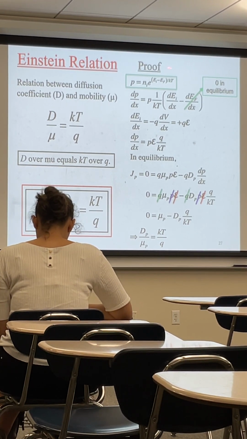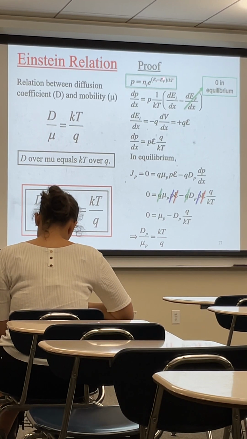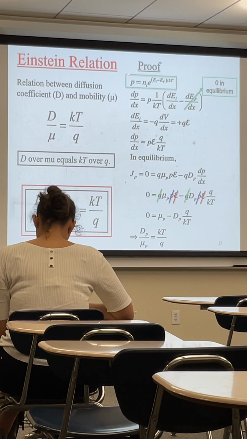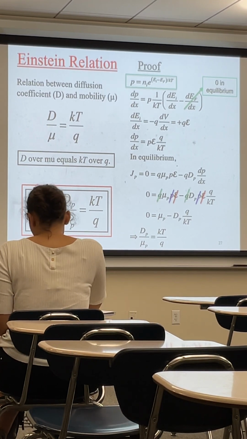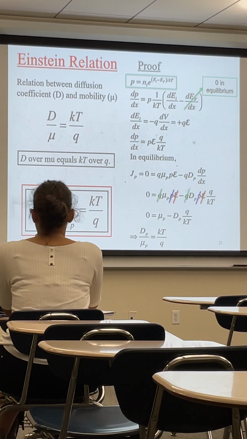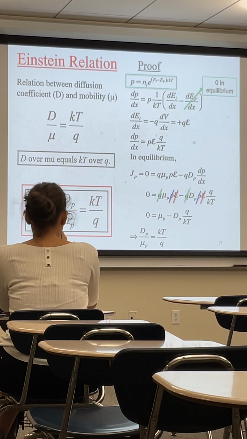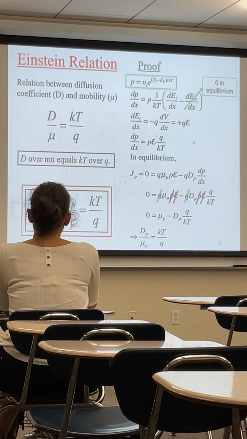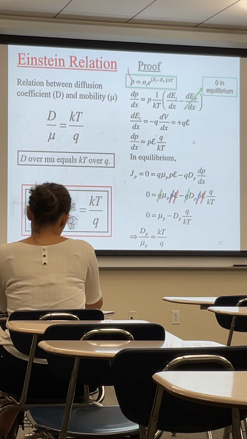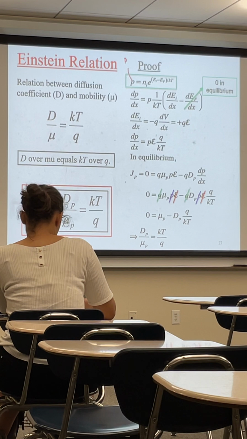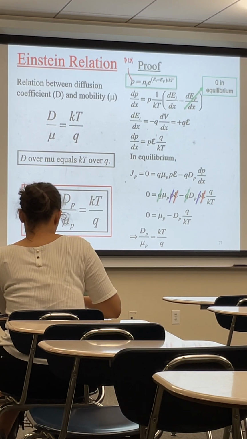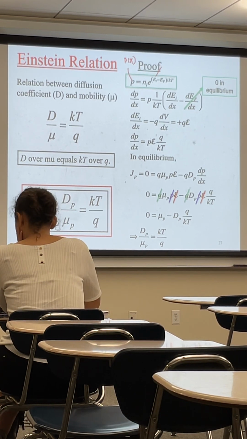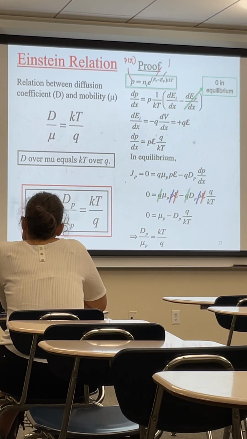Remember, the hole concentration is related to the intrinsic carrier concentration and to E_i minus E_F. Starting with this equation, we take the derivative on both sides with respect to x. Here we treat p as a function of x, and we also treat E_i and E_F as functions of x.